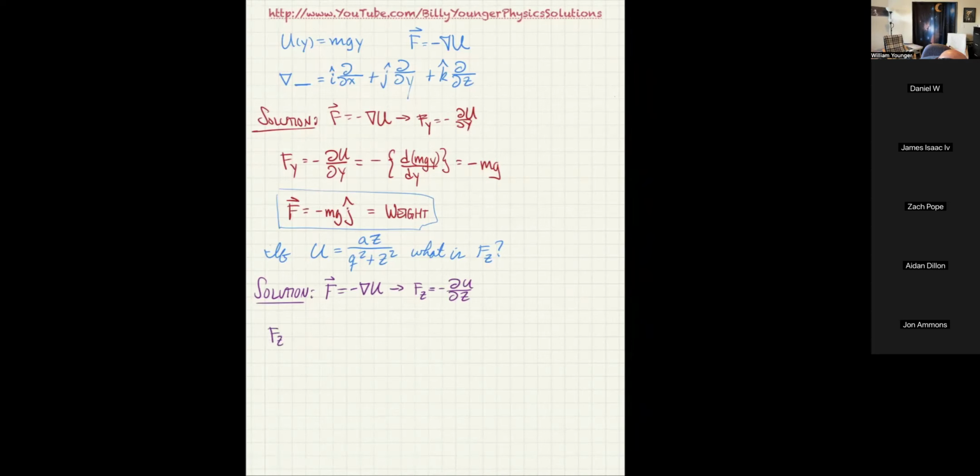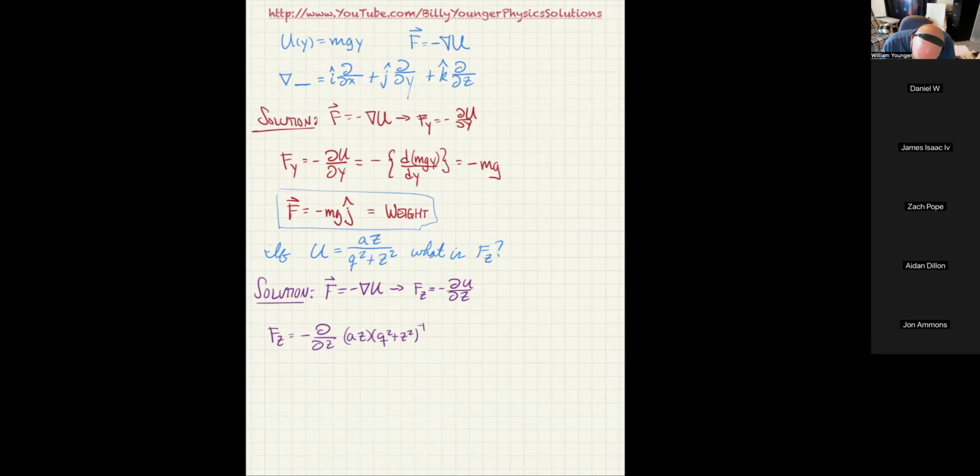F sub Z is equal to the negative of partial, in this case, with respect to Z, of the way I like to write it is I'm just going to put AZ times Q squared plus Z squared to the negative one, like that. And the reason why is by writing it this way, it's a multiplication, and I can completely avoid even trying to think about the quotient rule for taking the derivatives of a fraction.